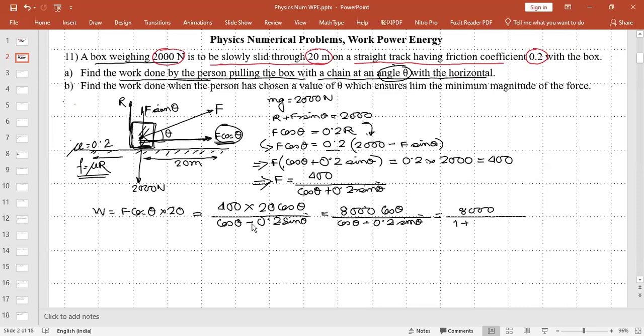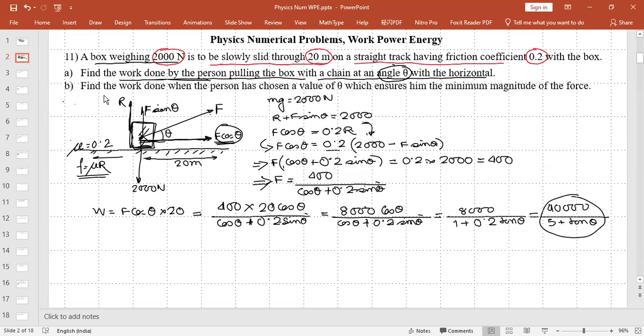I made this mistake earlier. 1 plus 0.2 tan theta. Further simplify it. I multiply both numerator and denominator by 5. So it will become 40,000 divided by 5 plus tan theta. So this is one answer.